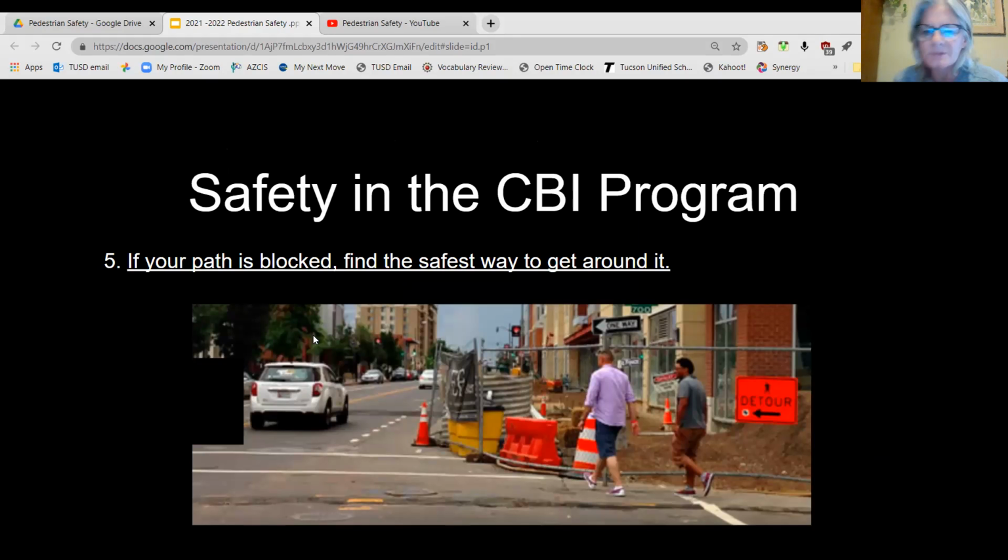There's a lot of times we'll be walking in the community, especially downtown. There is a lot of construction. So if your path is blocked, find the easiest and safest way around. And if you see this sign right here that says detour, the sidewalk is not even there.